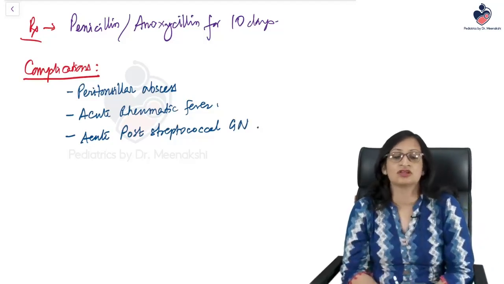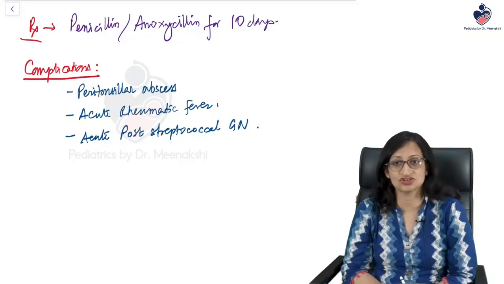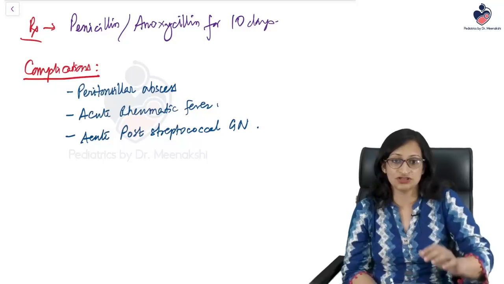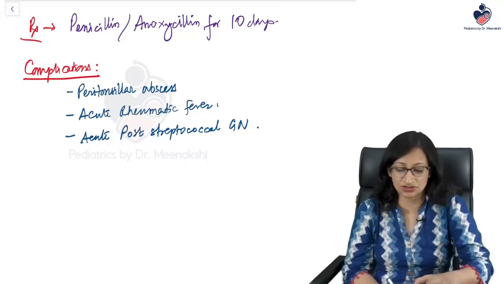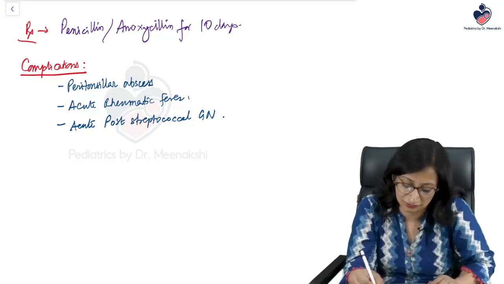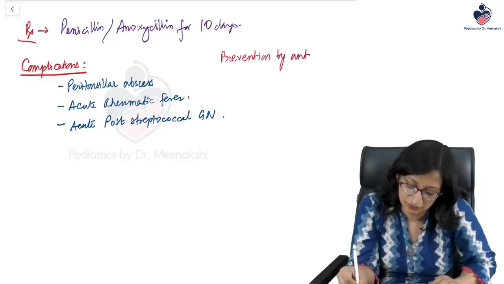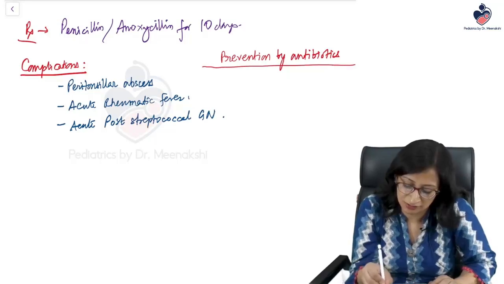Now there comes a question that in case of acute streptococcal pharyngitis, administration of antibiotics would prevent all the following except. So we need to know out of these complications which can be prevented by antibiotics and which cannot. Can peritonsillar abscess be prevented by antibiotics?